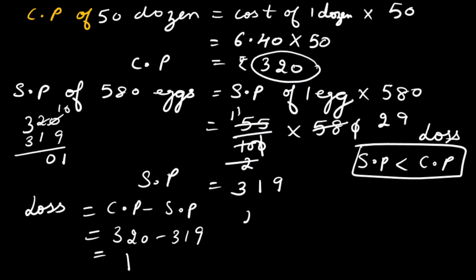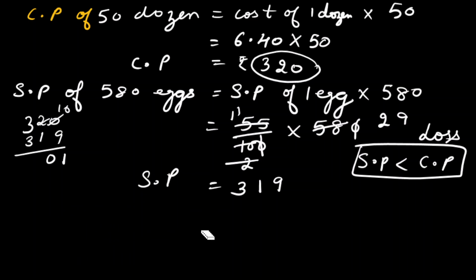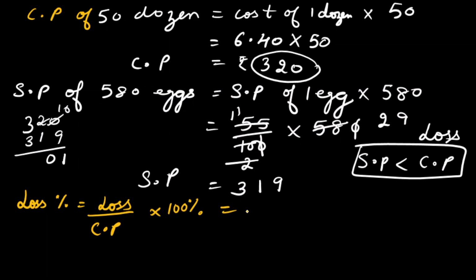Now we can find the loss percent using the formula I have told you. Loss percent equals loss divided by cost price into 100%. The loss is 1 rupee, the cost price is 320, into 100.